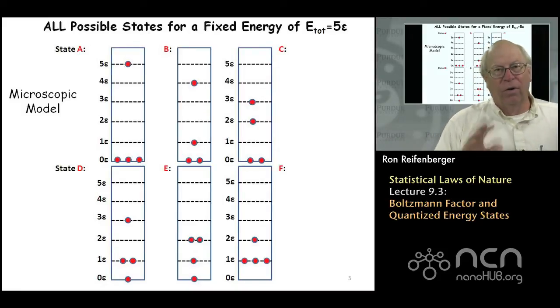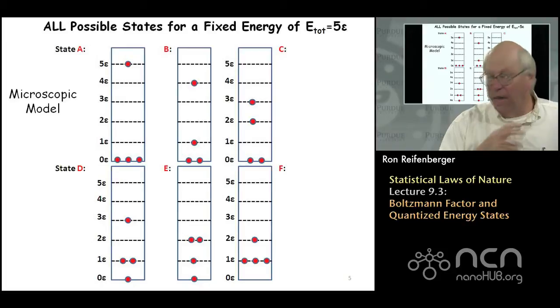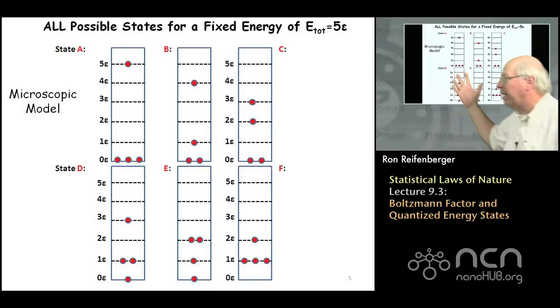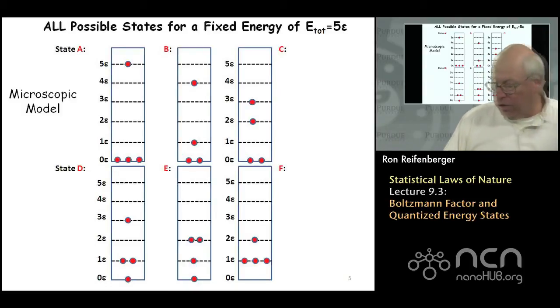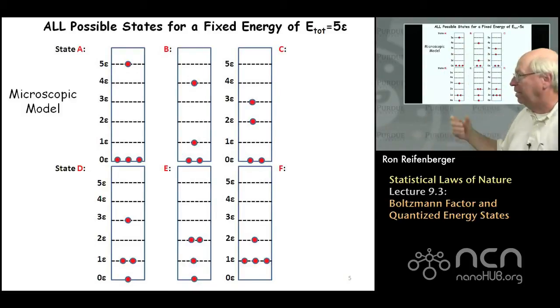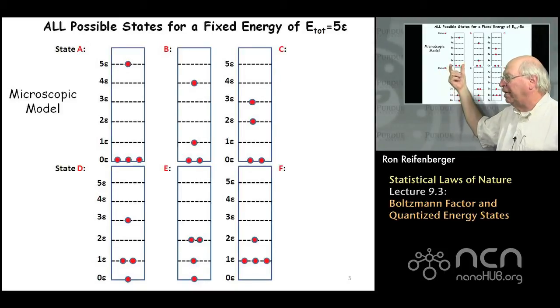And so on and so forth for the other configurations. So it's important for you to understand how this microscopic model was generated. And once you've got this microscopic model, and once you've identified these 6 states, then you can start to ask, how many different ways is it possible for me to get state A?